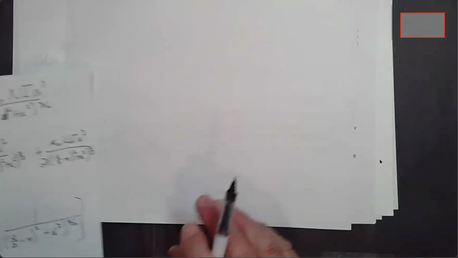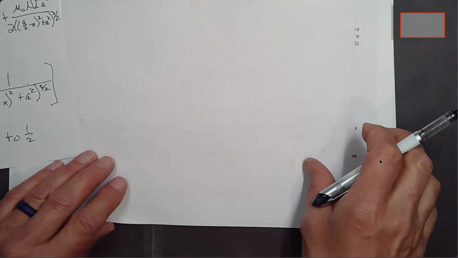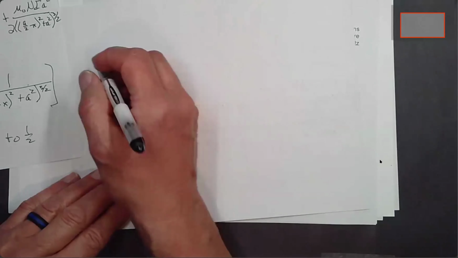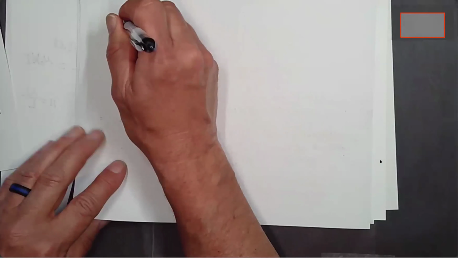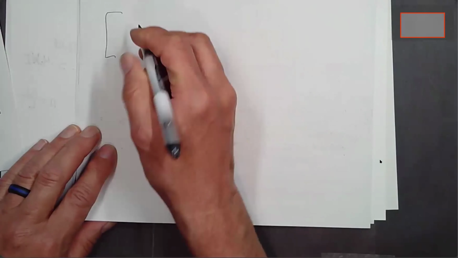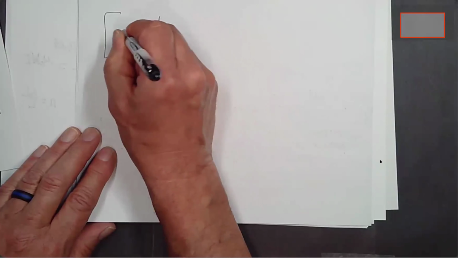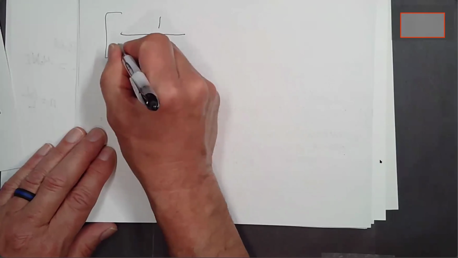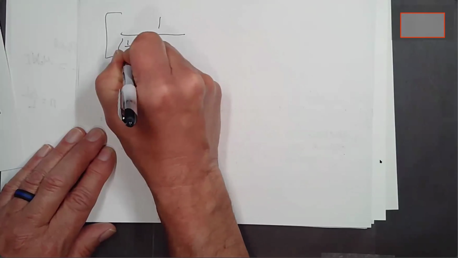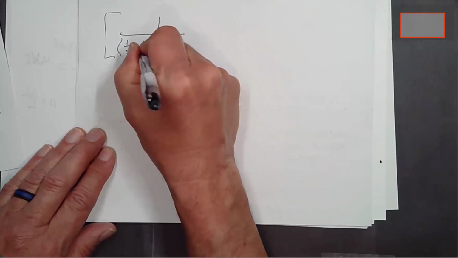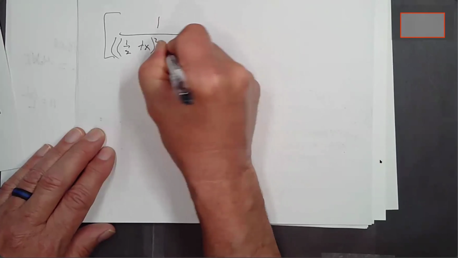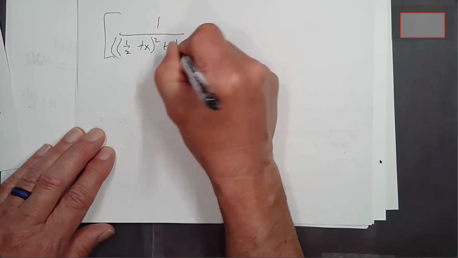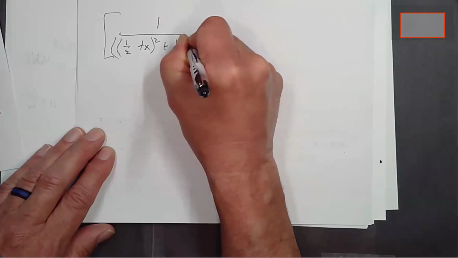Well, when I do this, if I let A equal 1, the terms in the brackets here simplify a fair amount. And inside the brackets, if A is 1, then the first part is 1 over (1/2 plus x) quantity squared, plus 1 squared, which is just 1, and that's to the 3/2.